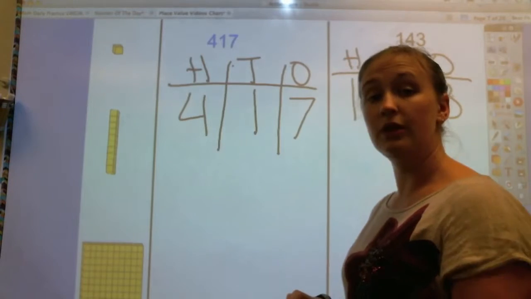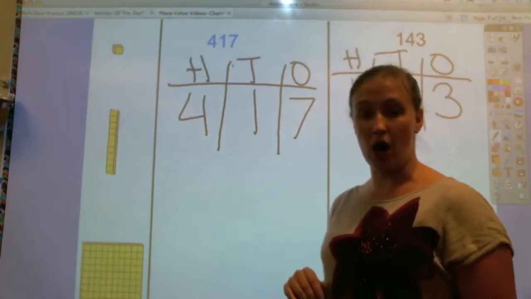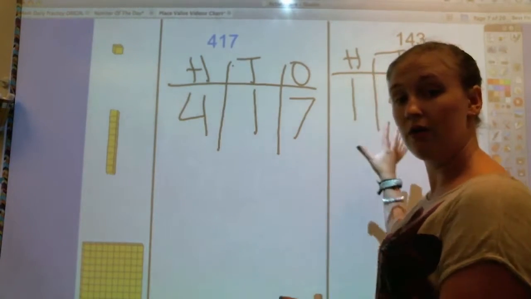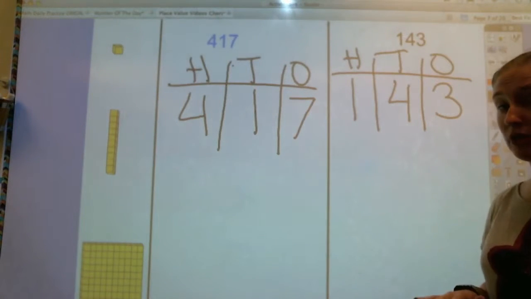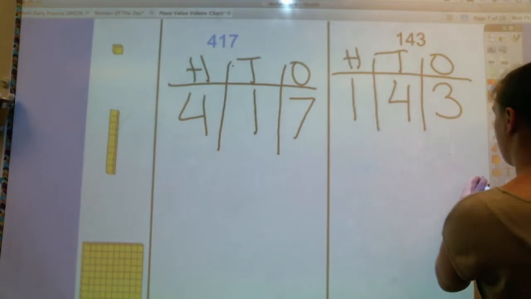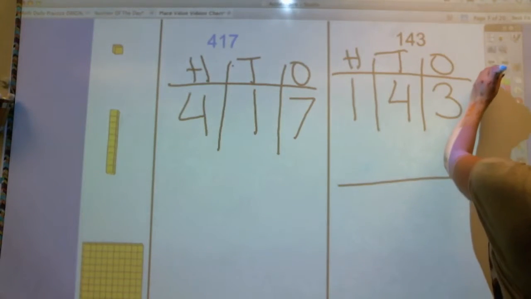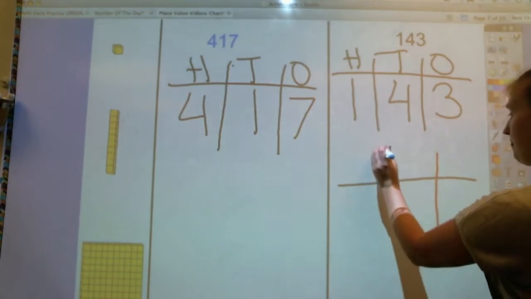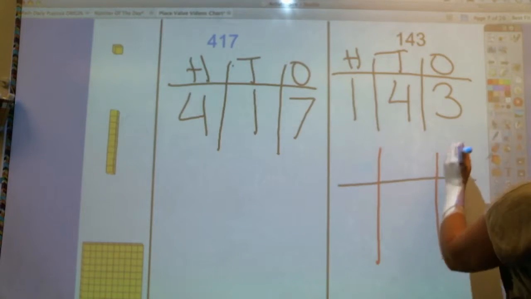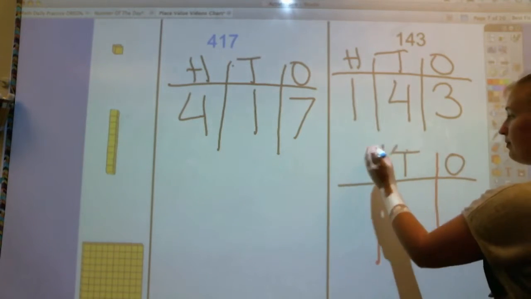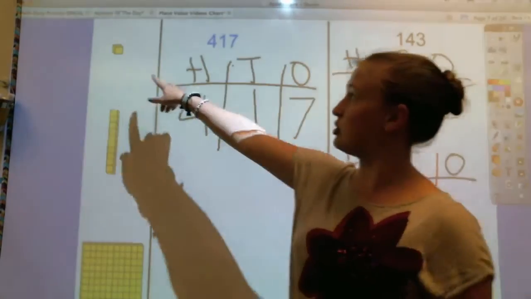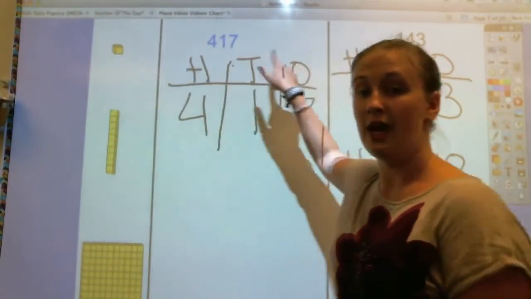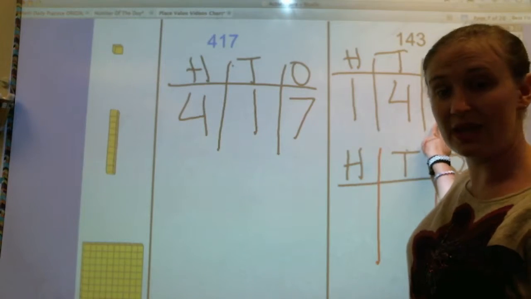Now, let's go ahead and make the model of our number. I'm going to start in the ones place. So I'm going to build another place value chart. And in my ones place, I'm going to draw as many units as I have in my ones section.